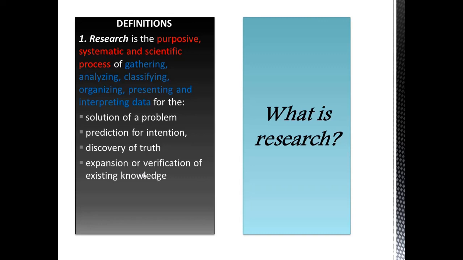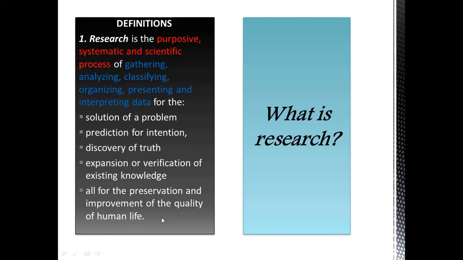And then, when you want to develop something, maybe an idea, a policy, or a system, or a material, or an equipment, or machinery, okay? You research on it. Right? And then, all for the preservation and improvement of the quality of human life. So, that is the bottom line why research is being done.